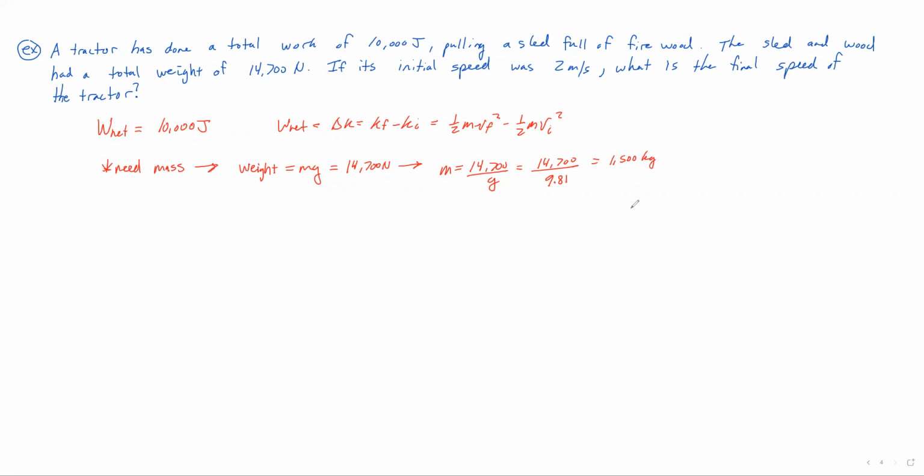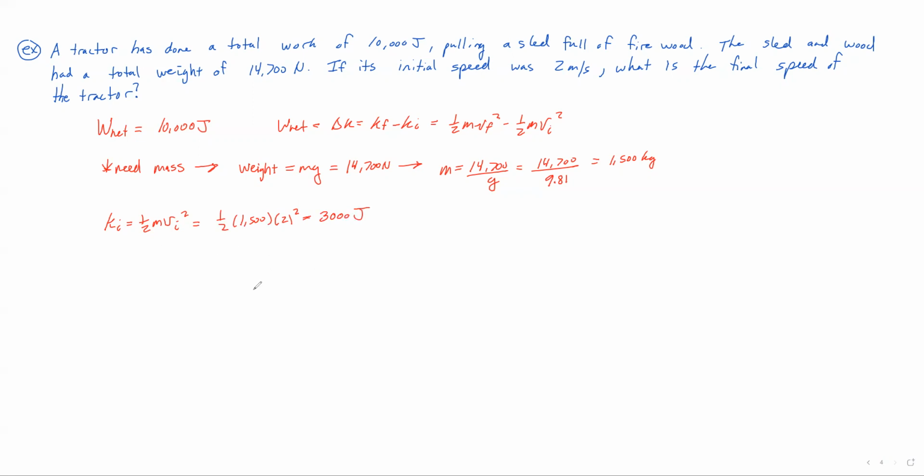So now that we have that, what we can then get is the kinetic energy initially and finally, right? So we know that Ki will be 1/2 mVI squared. Well, that's 1/2 times 1,500 times, we said VI was 2. So that's 2 squared. Well, when you multiply that out, that's going to be equal to 3,000 joules. All right.